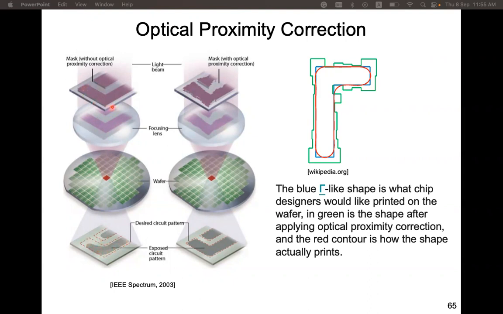So this is a desired pattern, but if you just use this pattern for the mask, you get some shape like this, especially when the diffraction limit is there.